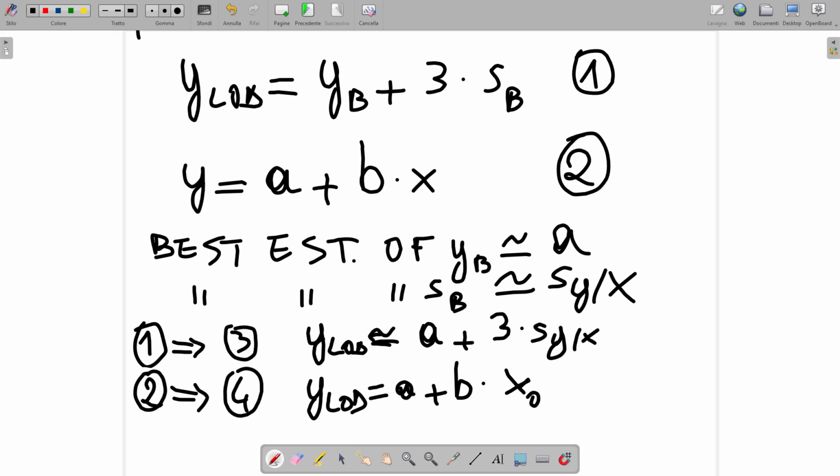Oh, it is not true. Can you deduce what I should write here? Y0 corresponds to the minimum signal. It does not correspond to the minimum concentration. I wrote wrong before. It is XLOD.